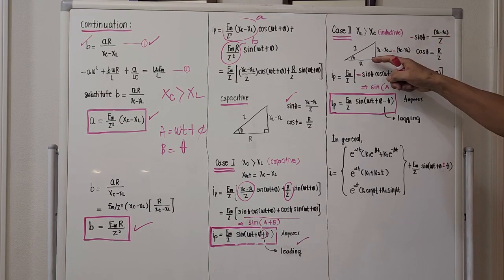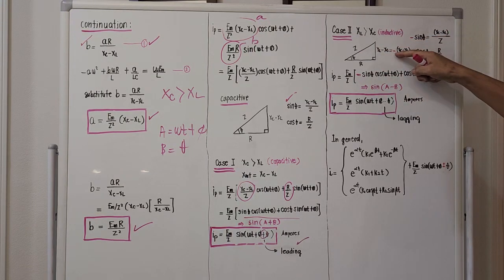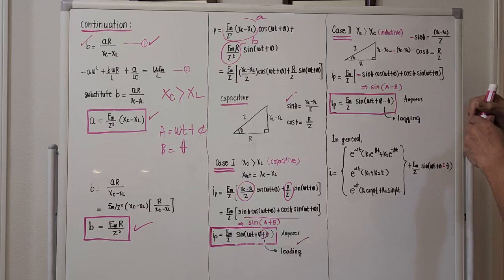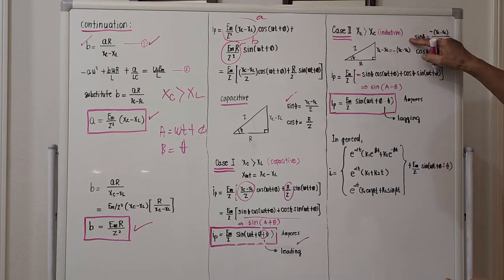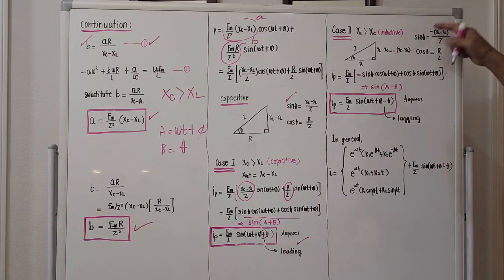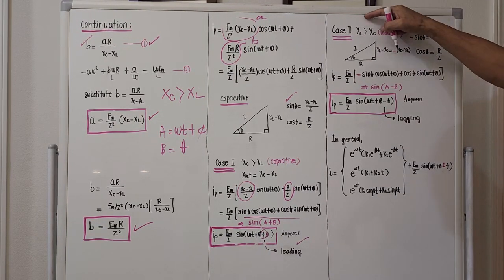Okay? And if we try to compute for the value of sine of theta, it will be this side here. This will be negative. Right? It should be negative quantity X sub C minus X sub L over Z. And if we try to eliminate this one, we put the negative on here. Meaning negative sine of theta will be the ratio of X sub C minus X sub L over Z for case number 2.